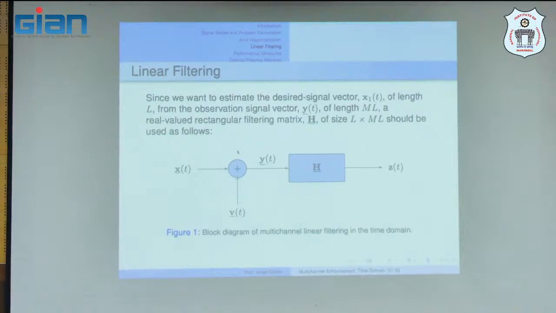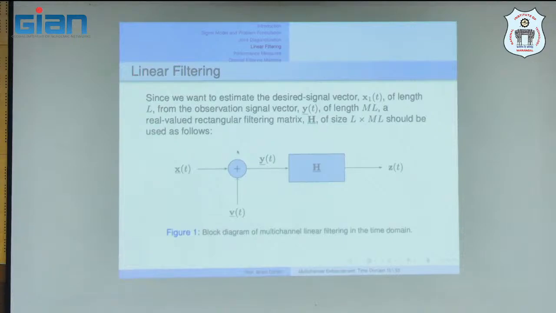So we compute the basis functions from the generalized eigenvalue decomposition, and then we transform both the problem and the filter to that domain. And over there, it's much easier.